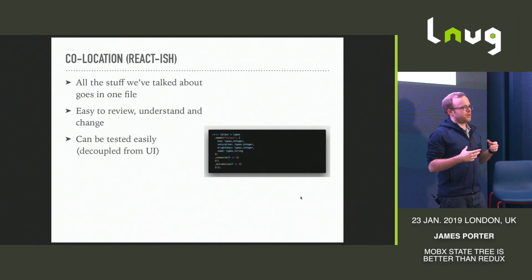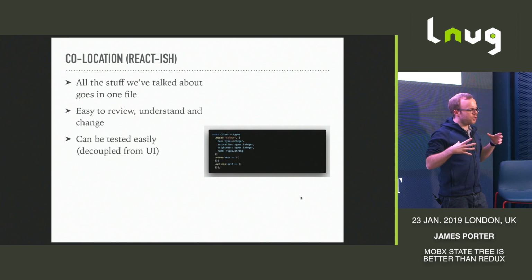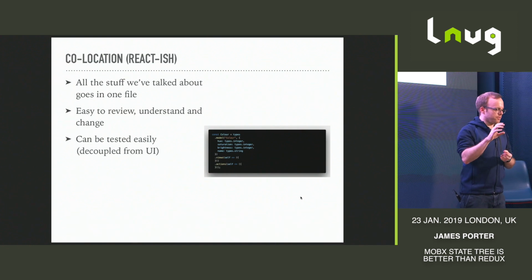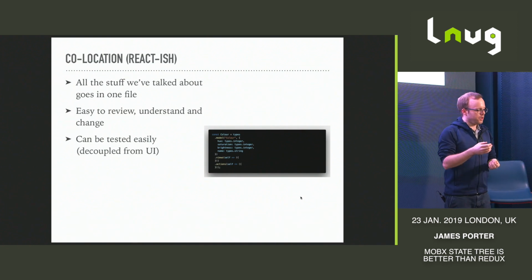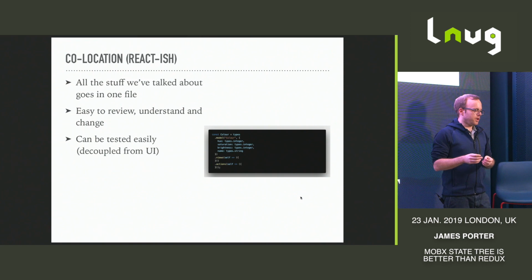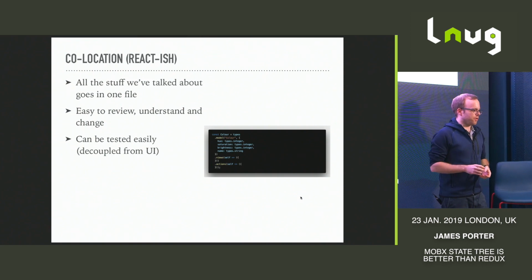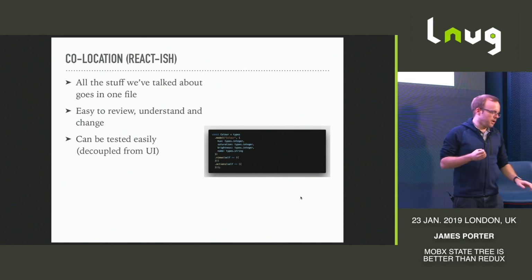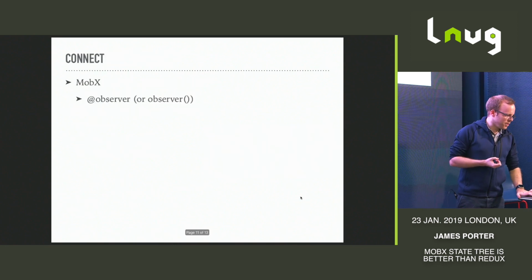It's actually very reactive, so it co-locates all of these things I've talked about into one file. So in one chunk of code, we define a model schema, we define views on that model, and we define actions or updates in that model. It's very, very clear. So I can go in and read this in one place and understand what's going on.